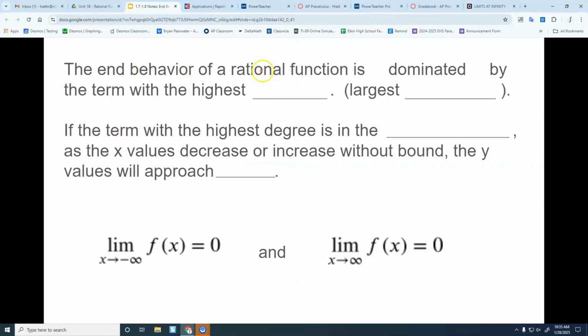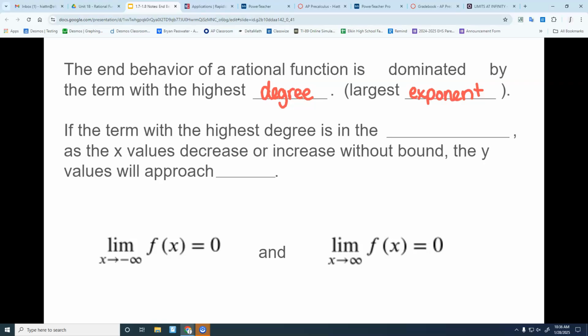Let's look at the end behavior, because this is not always calculator active. So you can't always plug numbers into a table like we just did. So the end behavior of a rational function is dominated by the term with the highest degree, or the largest exponent. Okay?